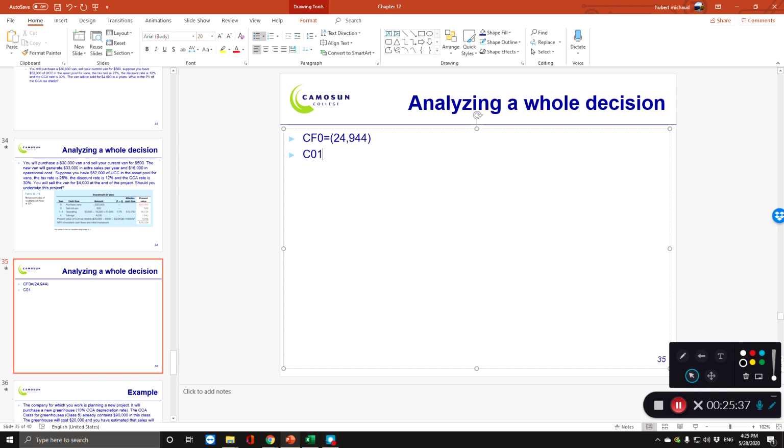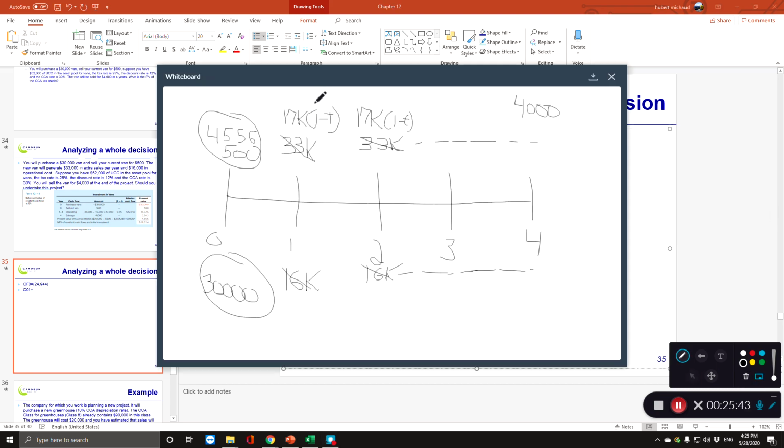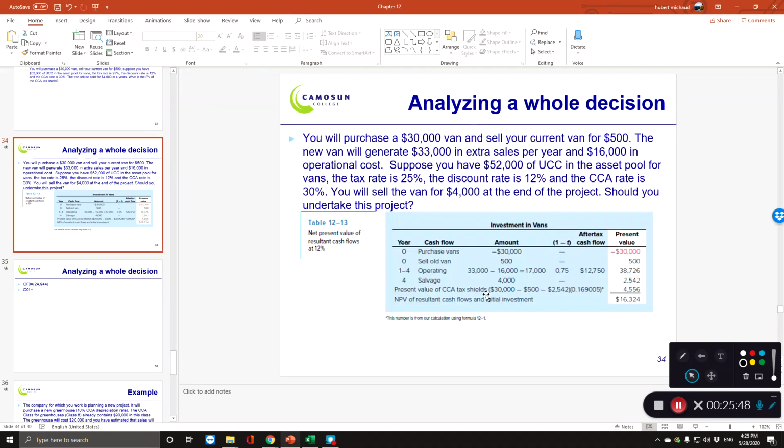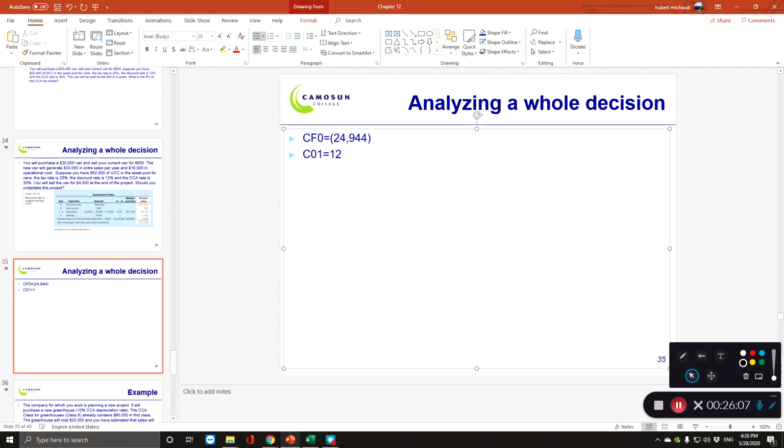Okay, then we want to find the cash flow in the first year. We have it here. It's 17,000 times 1 minus t, which we already calculated to be 12,750. That is our only cash flow for years 1, 2, and 3. It's also a cash flow in year 4, but in year 4 we will also sell the assets for 4,000. So I go here and enter 12,750 positive cash flow, and I do it for 3 years in a row.